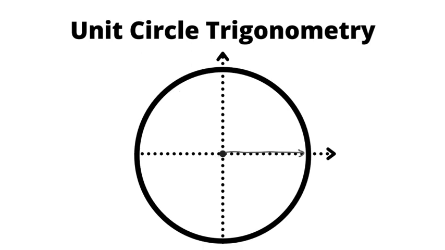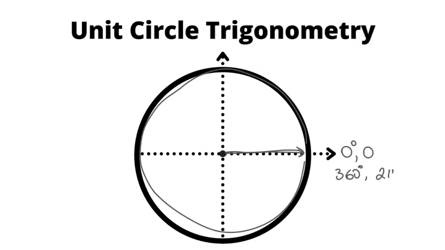So then, when your arm is right on the positive x-axis, its measure is 0 degrees or 0 radians, or it's a complete rotation around the circle, or 2 pi radians.